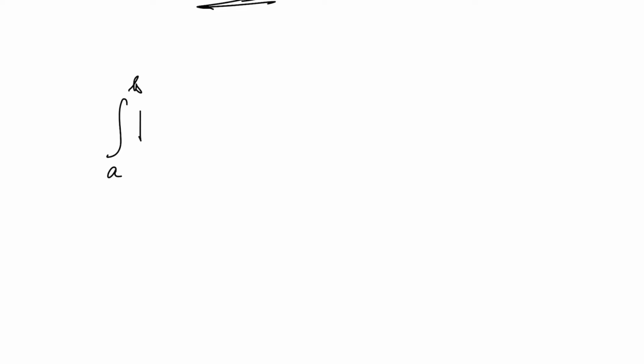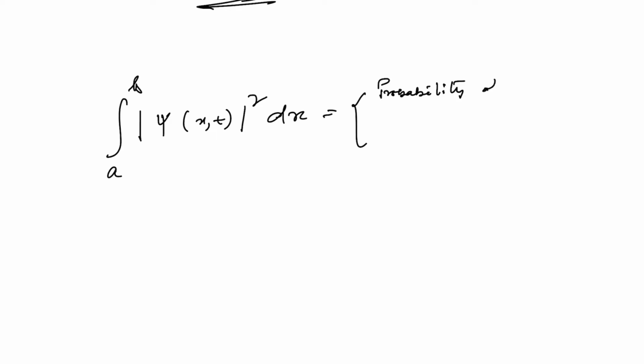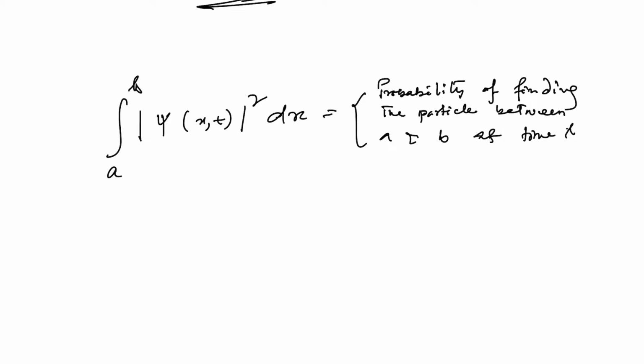If we need to find the probability of the particle within an interval, suppose between a and b, then the integral of mod of psi x t whole square dx gives the probability of finding the particle between a and b at time t.